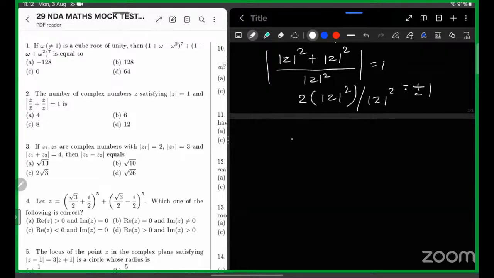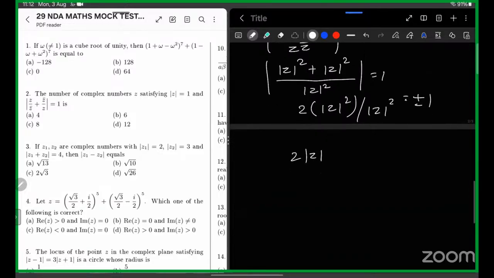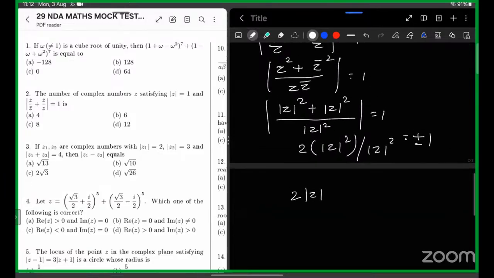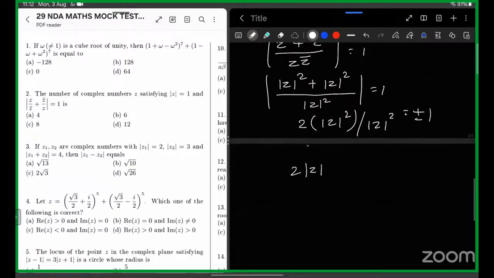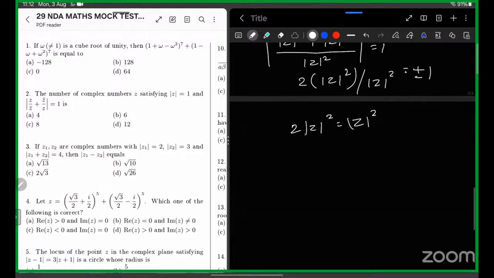Yeah, if you don't want to cancel, you can use it as an equation. Then 2 into mod z, 2 times mod z whole square equal to mod z square once you take the plus value.